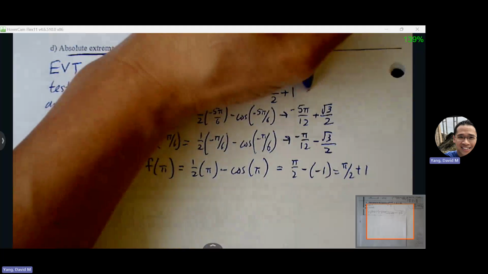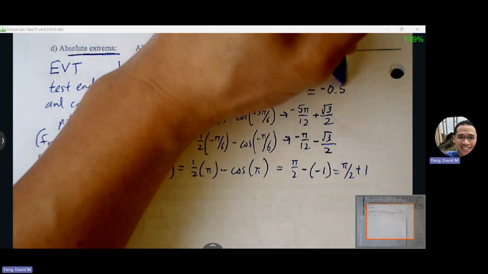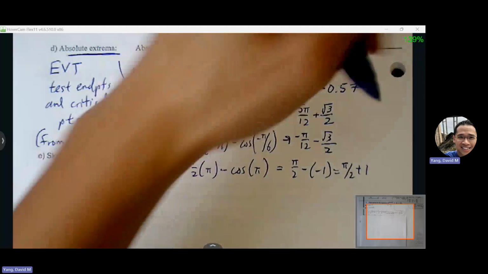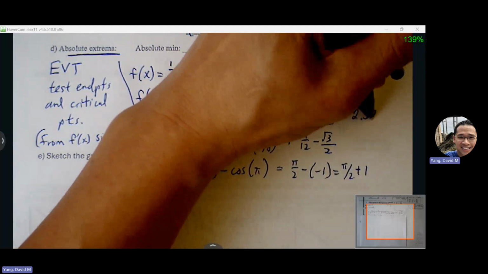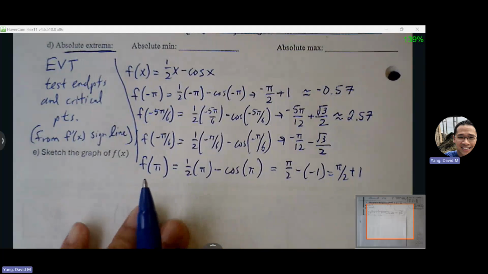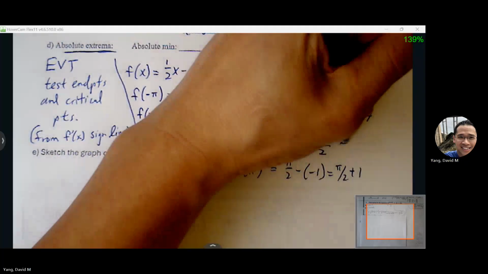So I'm just going to plug them into the calculator here, just for comparison purposes, so I can see what's going to be the highest, what's going to be the lowest, and also for graphing purposes, it's easier to do some ballpark estimations on our graph if we have an idea where these points are.